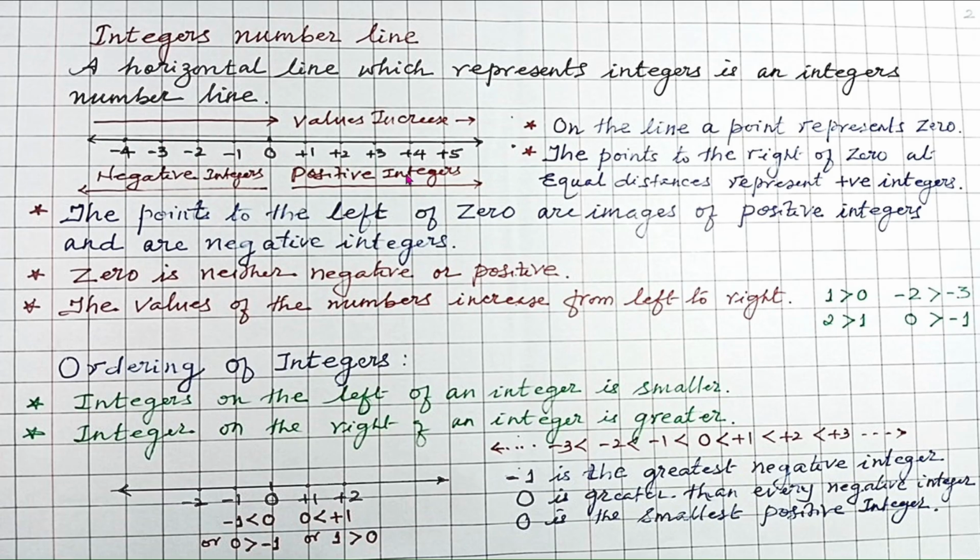Whereas on the right, the integers are greater. 2 is greater than 1, 0 is greater than minus 1. So always remember, to the left they are smaller and to the right they are greater. So 0 is greater than every negative integer, and 0 is smaller than every positive integer, which is for us to remember.